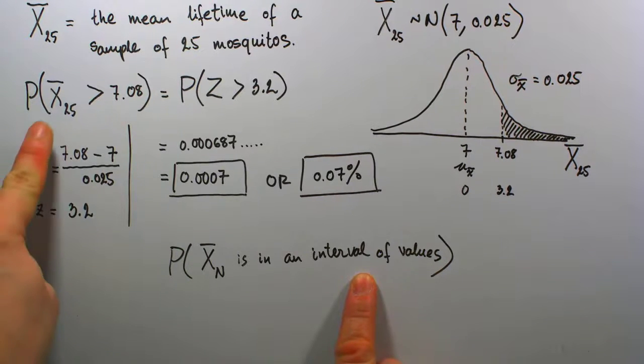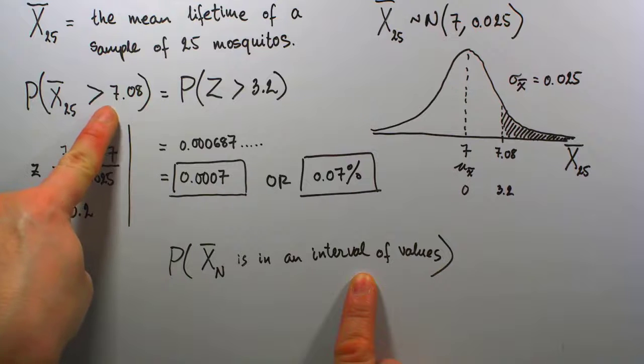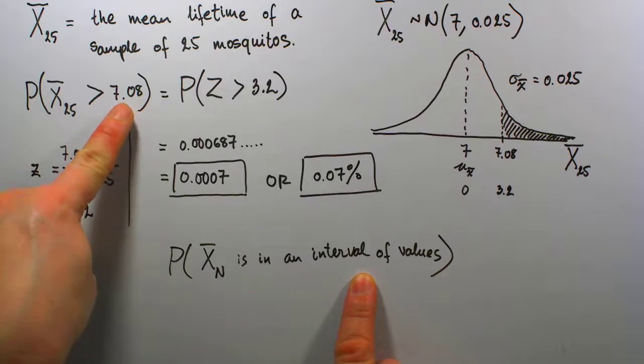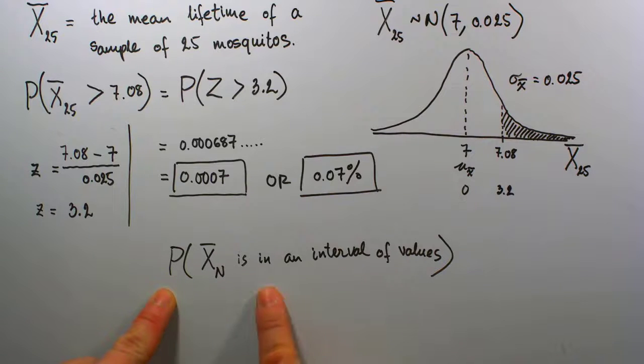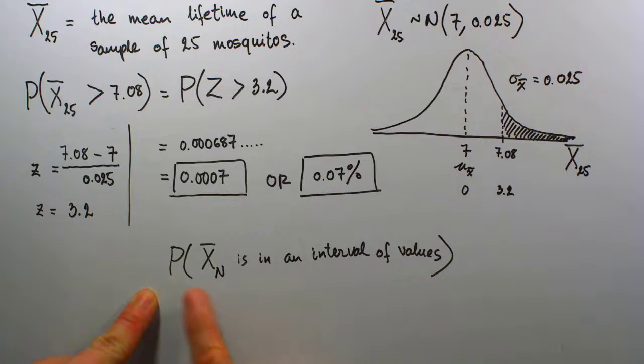Just like here, our interval of values is anywhere above 7.08. You might run into other problems with a slightly different indication, but in the end, we want to find the probability that a sample mean value is in a given interval of values.